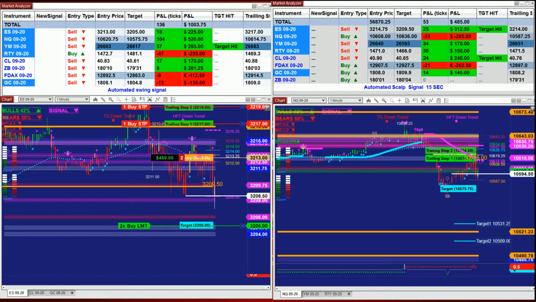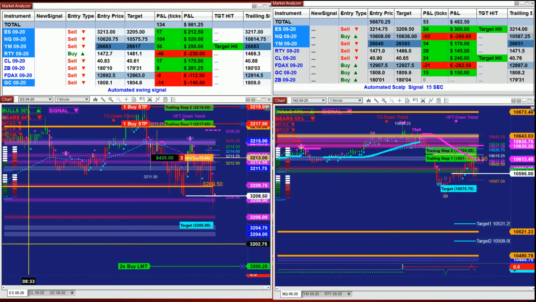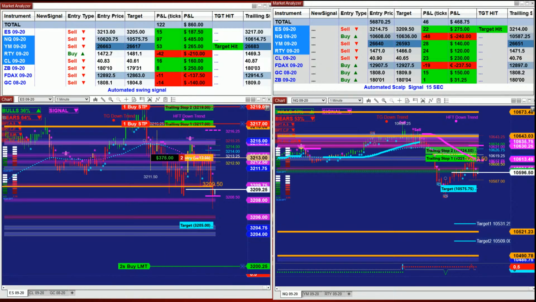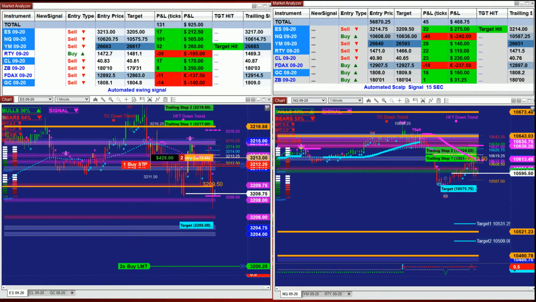Maybe we'll take it a little bit further down and see. The system put the target at 3205. Maybe we can get a little bit more. And then what we do, we break even. They move by themselves, but you can also override the auto trade.